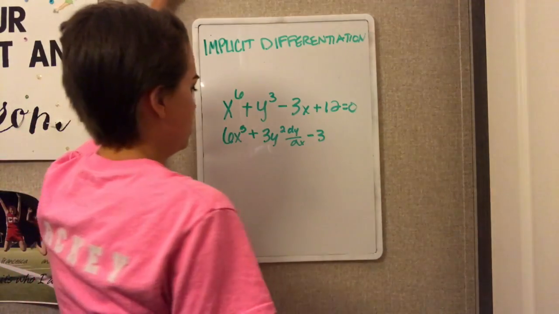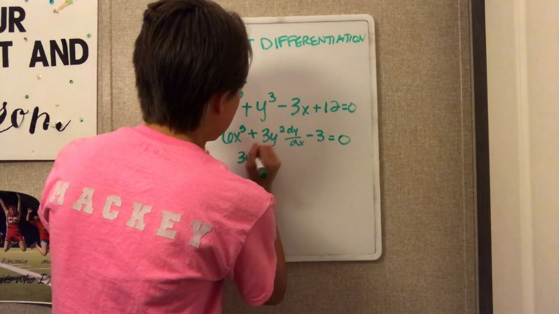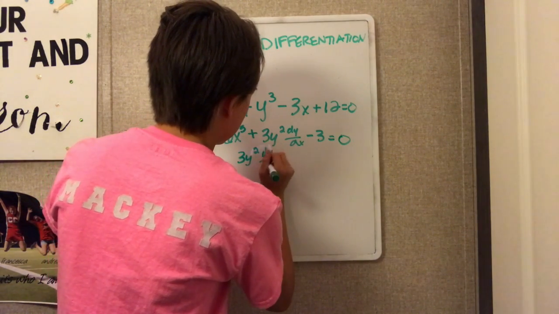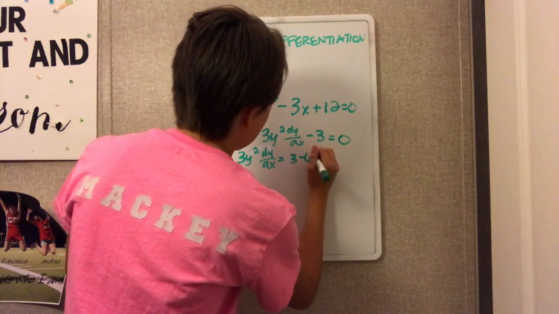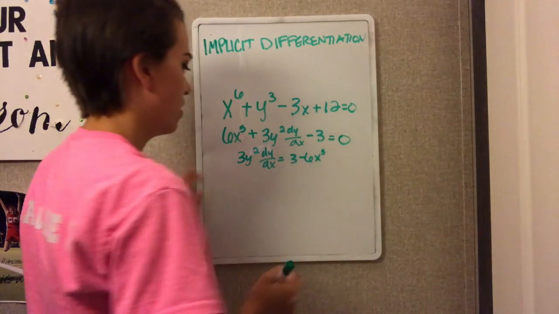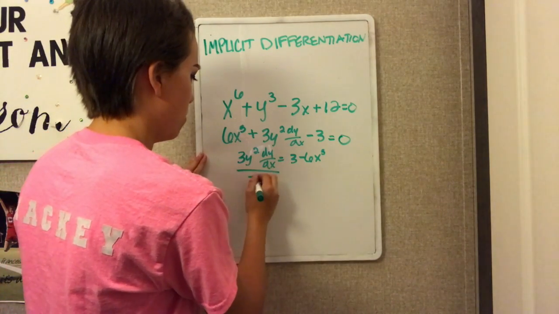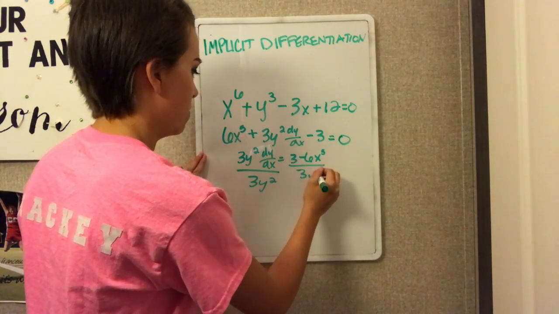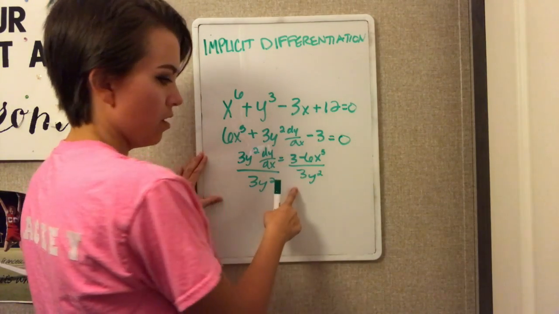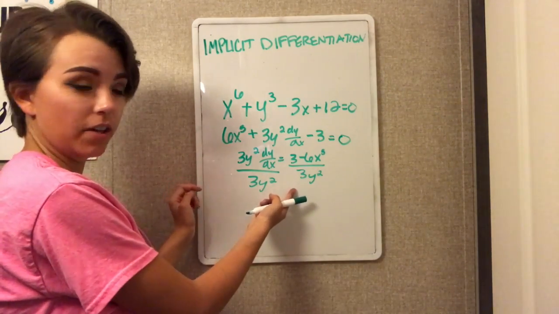Dy dx, what a guy. So this will be 3y squared dy dx equals 3 minus 6x to the 5th. Then we just divide by 3y squared. And before I finish, we can take 3 out of all of this.